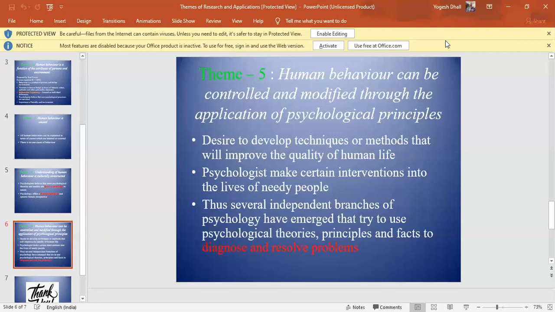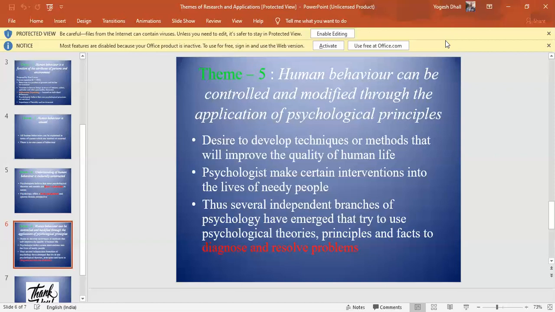That's why this subject has become so popular, because it helps normal or innocent people. Whatever is studied in this subject helps other people to improve their lives, to change and modify their behavior, and to control unwanted situations in life.